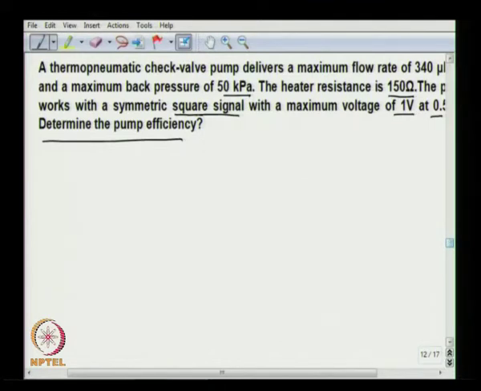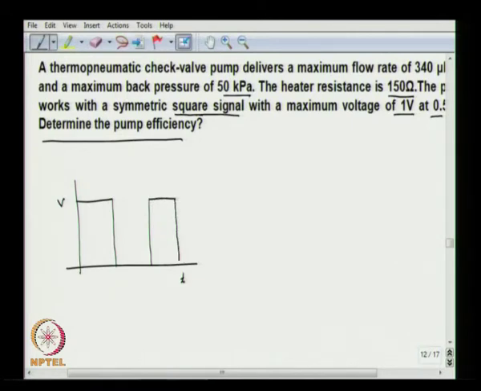So, first we would have, this is time and this is voltage. So, we have a pulse signal that is being applied. This is applied for only 1/2 of the cycle.